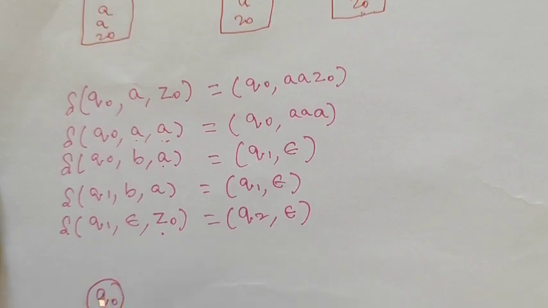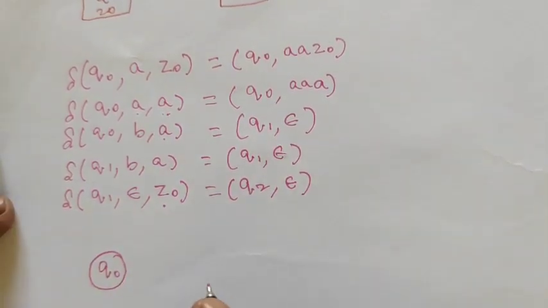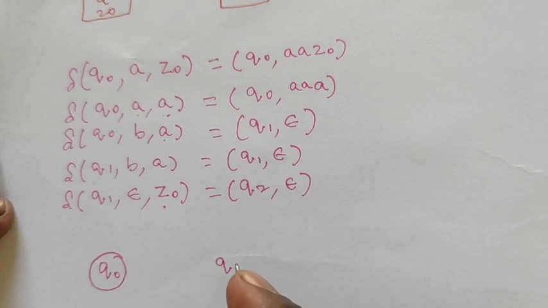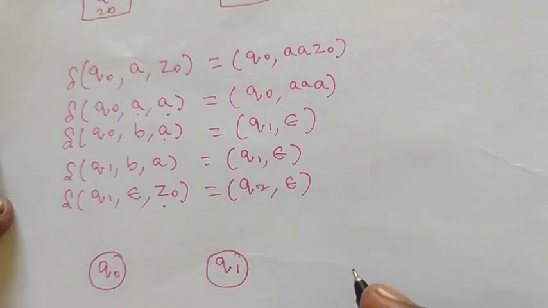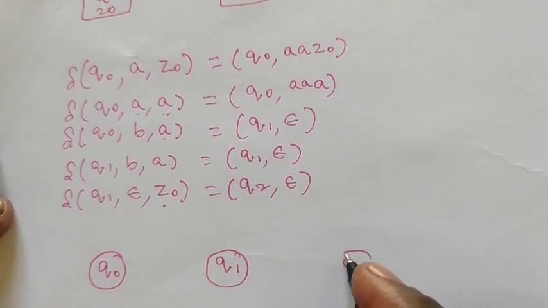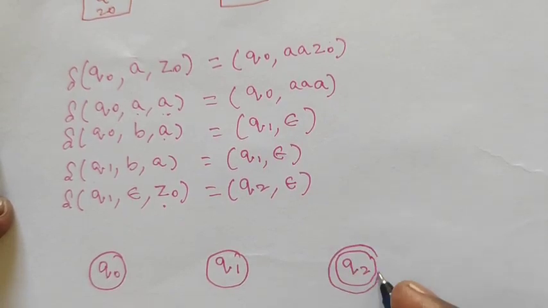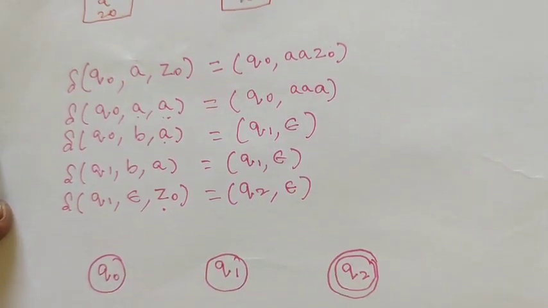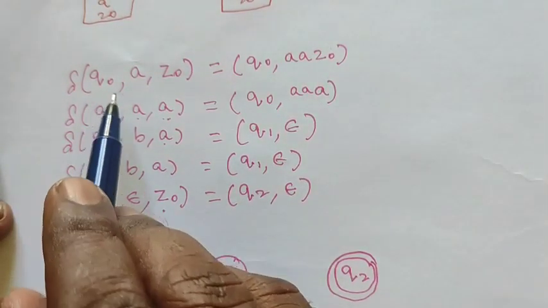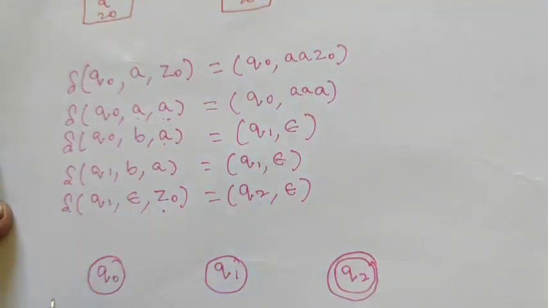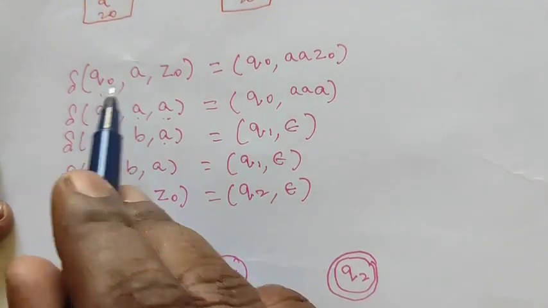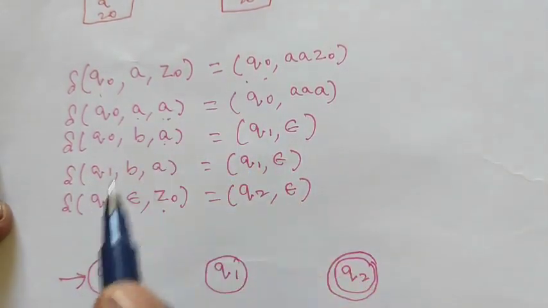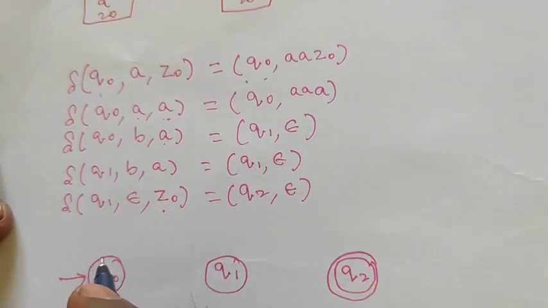Q0 is the first state, Q1 is the second state, and Q2 is going to be the final state. Now, see, Q0 is the initial state. In the first transition, you are moving from Q0 to Q0, so you make a self loop here.